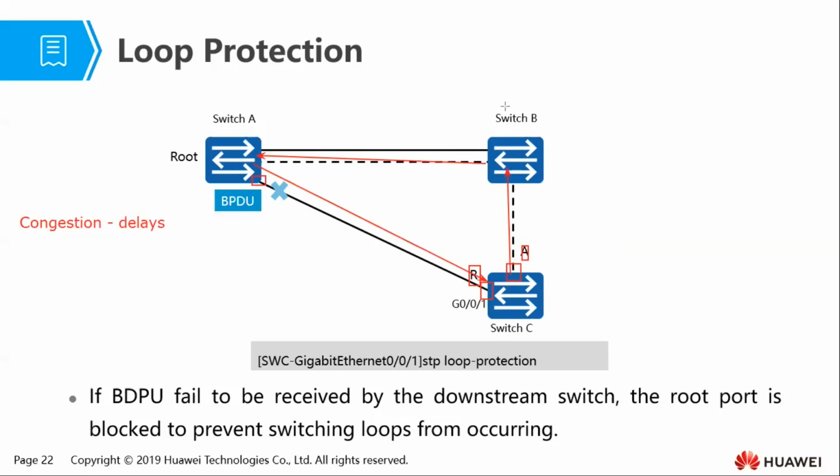So to avoid that, we use this feature called STP loop protection. We use it specifically on the root port. So on switch C, we go into that interface and we use the command STP loop protection.